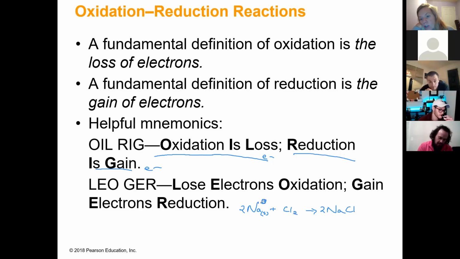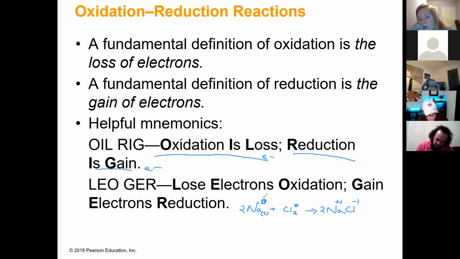I didn't write a charge in the upper right-hand corner, so this has a 0 charge. Chlorine, when it's in its diatomic or molecular form, also has a charge of 0. What happens when they come together? There's an exchange of electrons, right? So in this, sodium has a charge of +1, chlorine has a charge of -1.